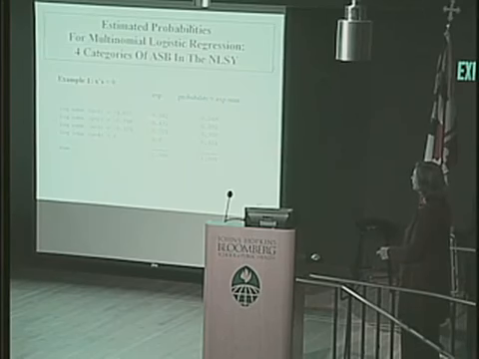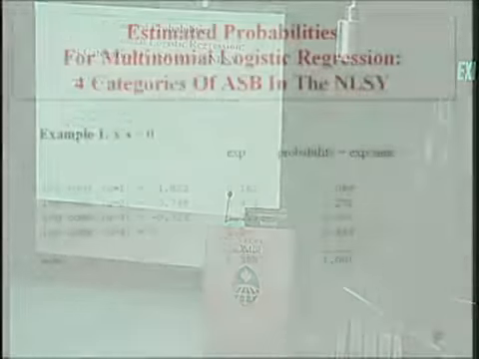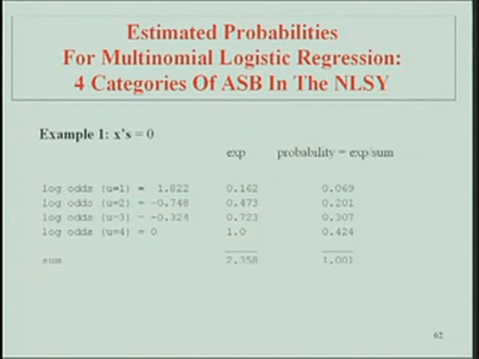If we exponentiate these values, you get the values under EXP. 0 for the last class becomes 1. Then we take the sum of those, because the probability is the exponentiated value divided by the sum. So we get the probabilities of being in the categories for the people defined by these covariates, so white females at a certain age.